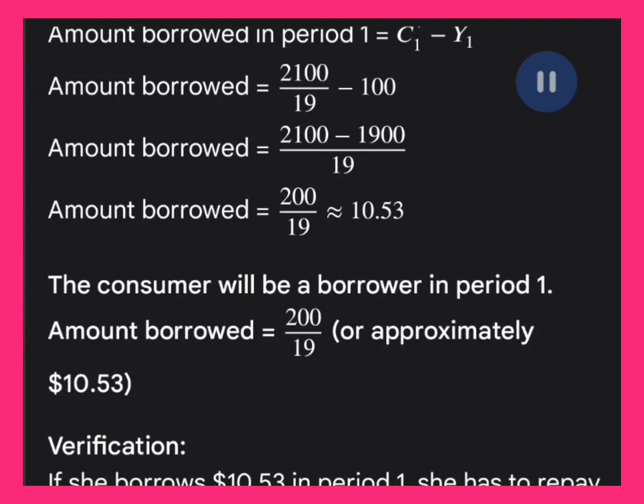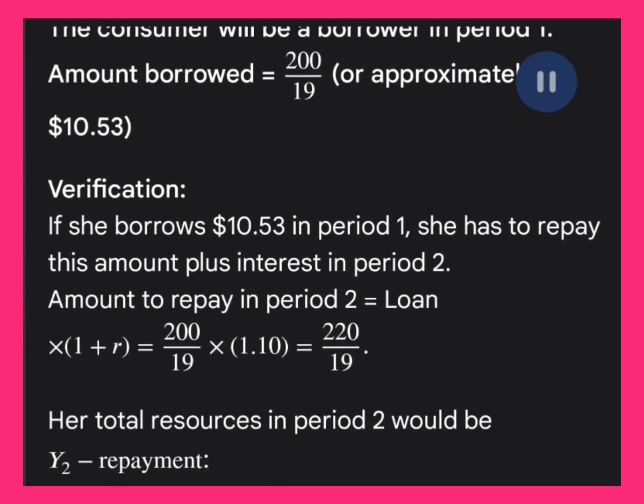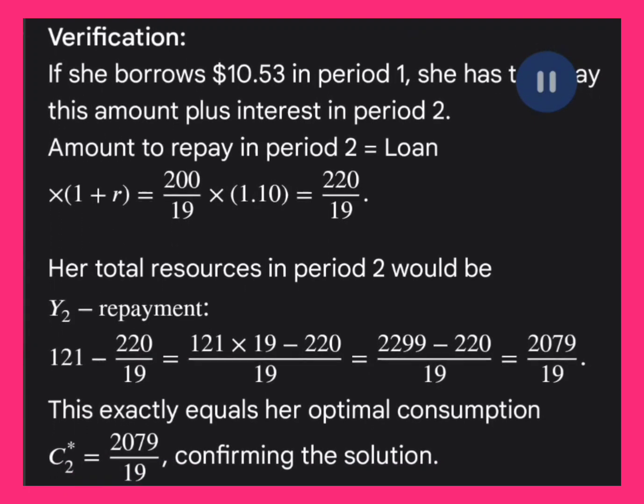Verification. If she borrows $10.53 in period 1, she has to repay this amount plus interest in period 2. Amount to repay in period 2 equals loan times 1 plus r, equals 200 over 19 times 1.10, equals 220 over 19.